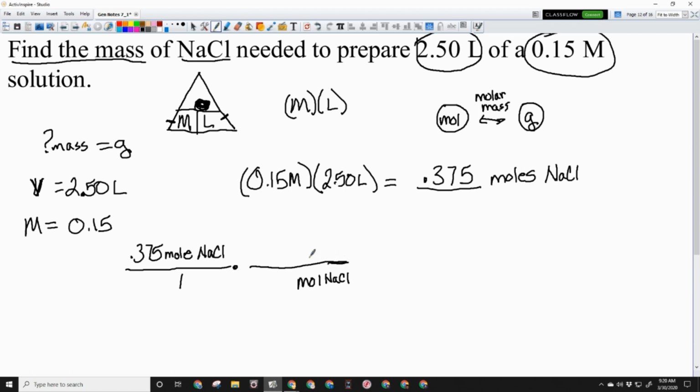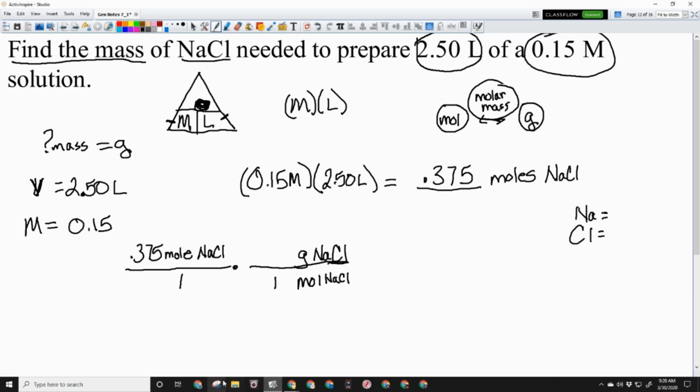What am I trying to convert it to? Grams of NaCl, so that goes on the top. All right, so now we need to put in numbers. Well, we need the molar mass of NaCl. So 1 mole of NaCl.